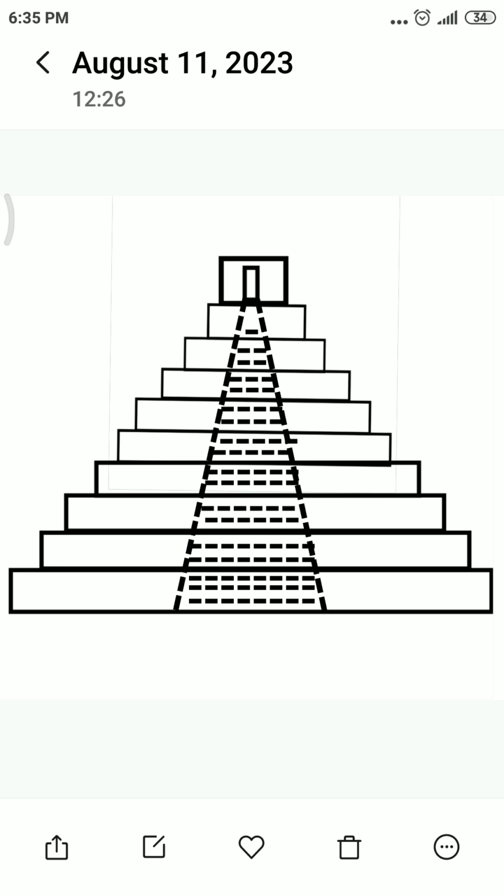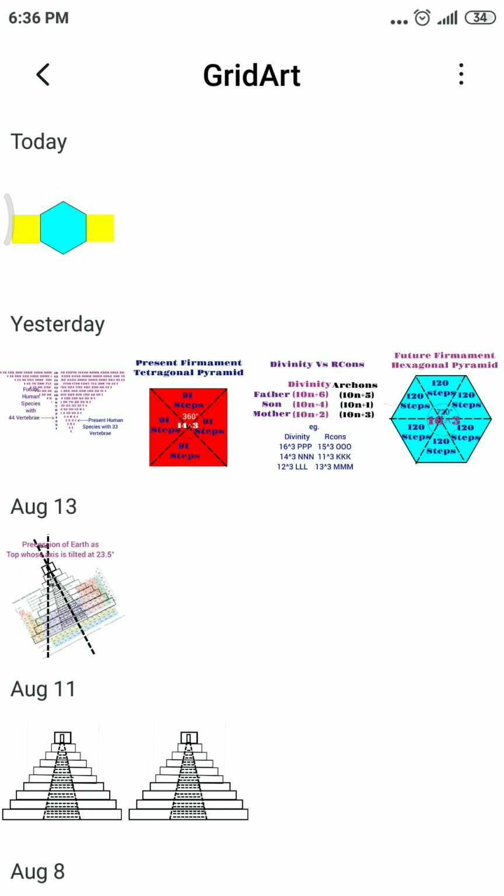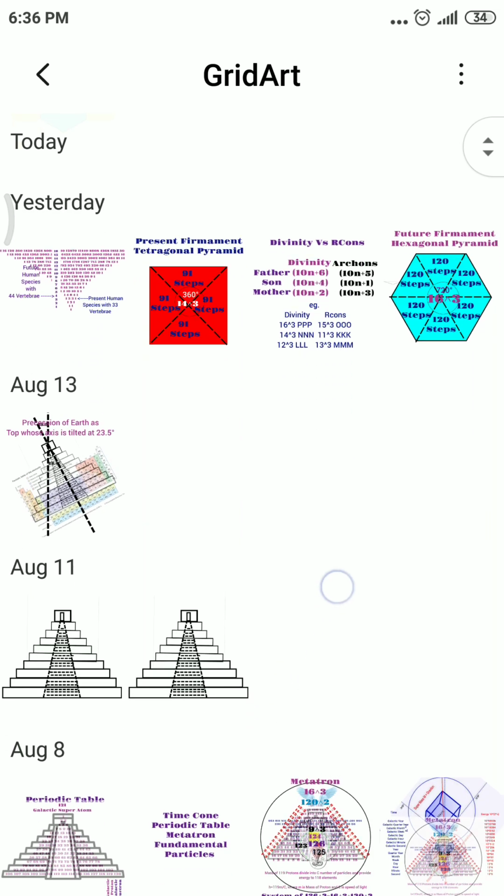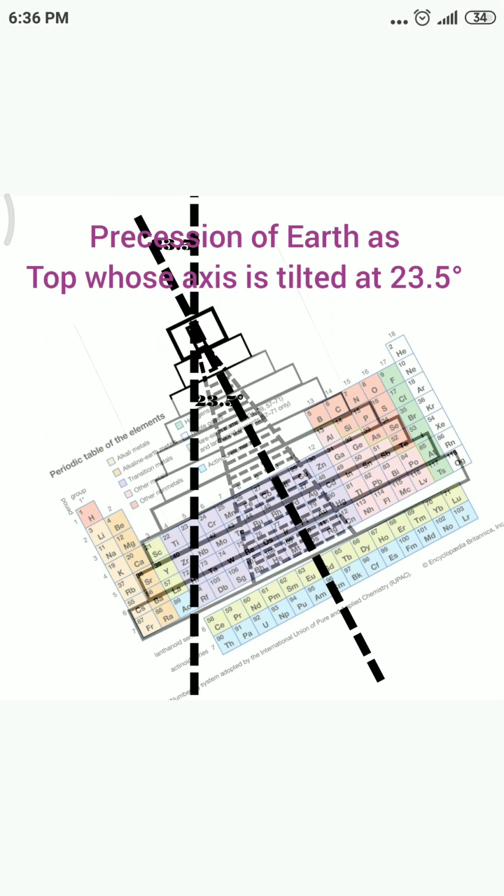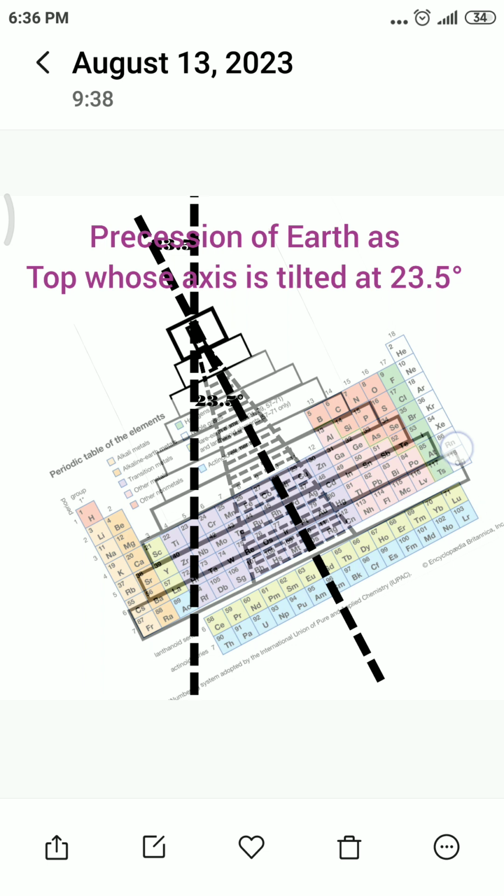By the time this pyramid was filled, that was the evolution of matter, right? But now, as we can see, we have 9 steps and 9 planets, including Uranus and Neptune. We have 9 planets, and so it will be complete till 120.